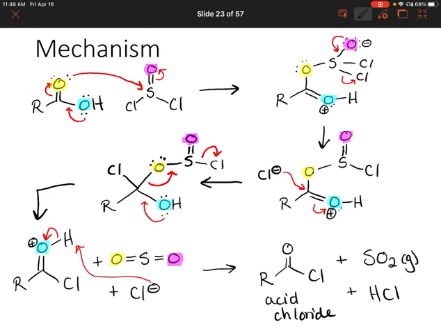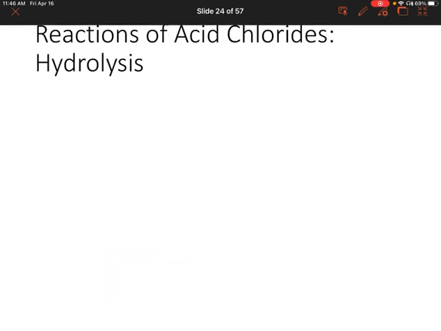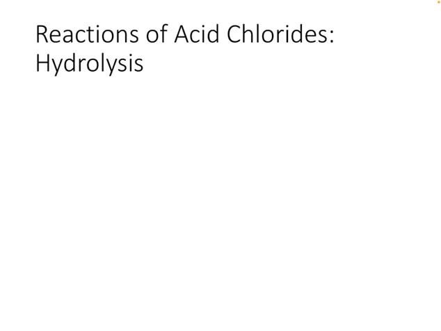Let's look at a reaction that our acid chloride could be used for after we've prepared it. So here we prepared our acid chloride, and then maybe we want to turn it back into a carboxylic acid. I don't know why we would want to do that, but maybe we decided, you know what, I don't want the acid chloride, I want the carboxylic acid after all.